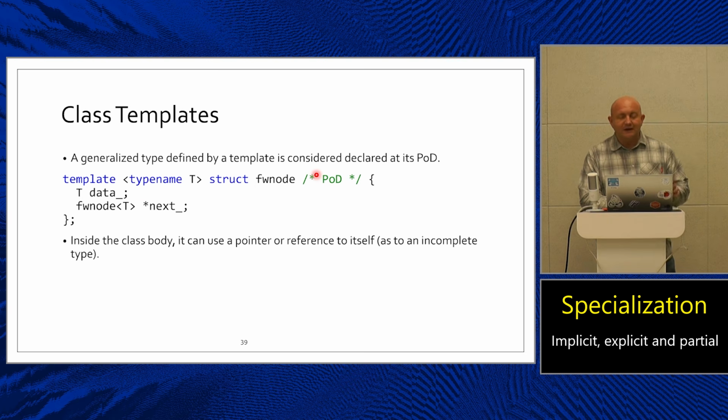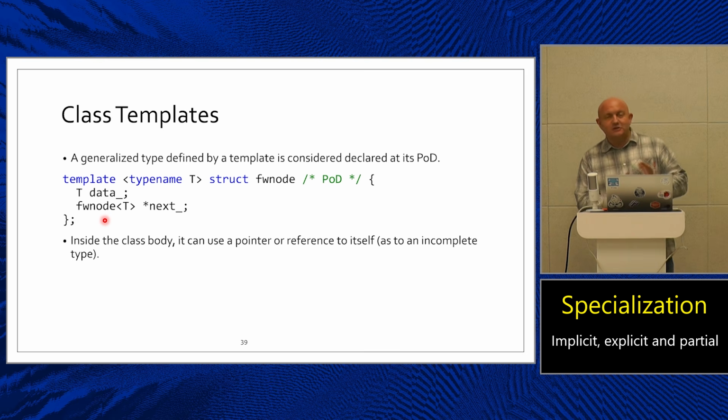And this is why inside the class body we can use a pointer or a reference to the class itself, like this one, even though the class is not yet fully defined. At that point, the compiler treats it as an incomplete type, which is sufficient for declaring pointers.